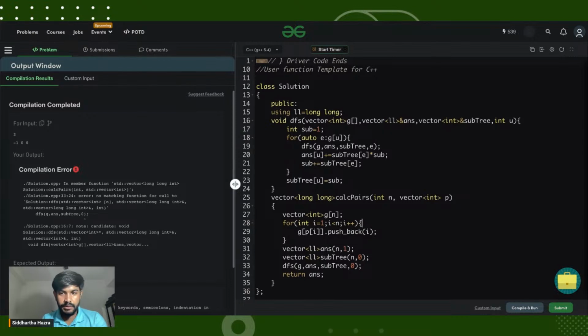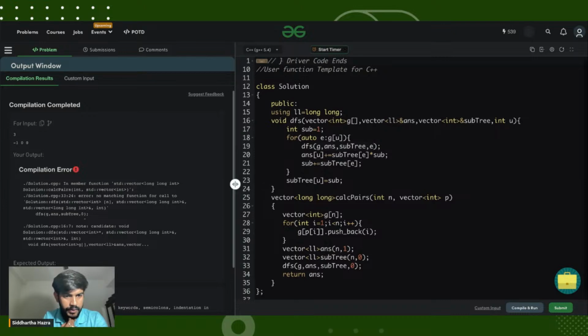There is no matching function called G answer subtree comma 0. Here we would be saying G answer subtree and this particular E. Seems correct. G of n.